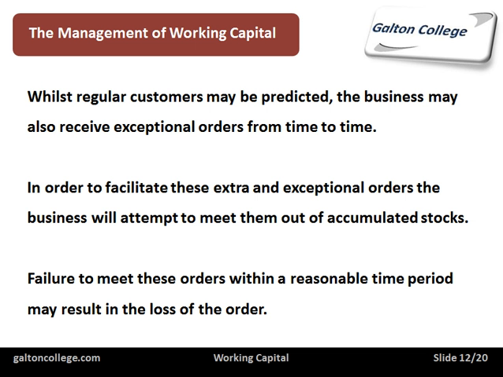But how many should they keep in stock? That's the problem, and that's where the management of working capital is so important. Management accountants will give estimates of how many, but really it boils down to sophisticated guesswork.